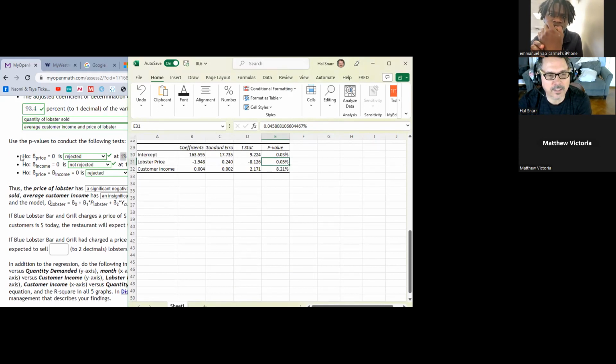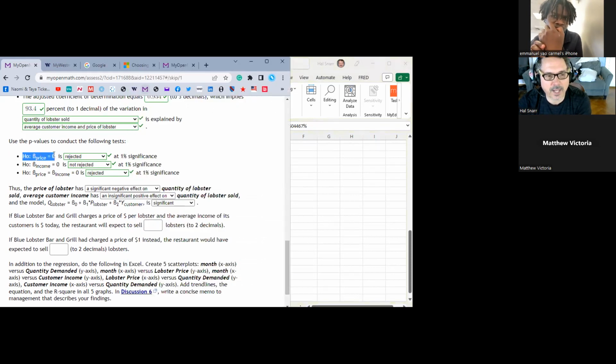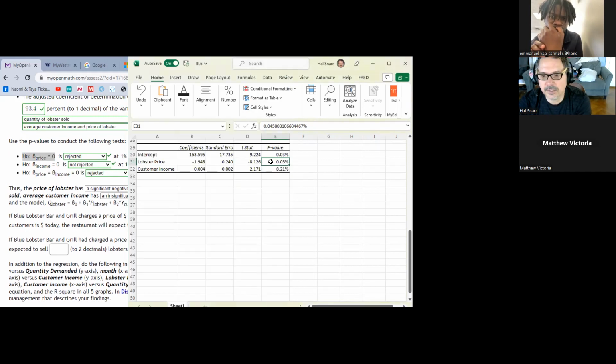So I rejected this hypothesis because the p-value is smaller than the significance level, which means the t-stat is huge. And when the t-stat is huge, the difference between the estimated coefficient and 0 is highly significant.